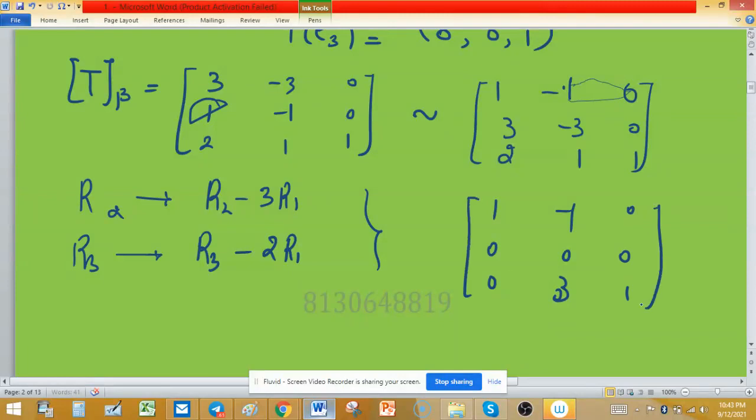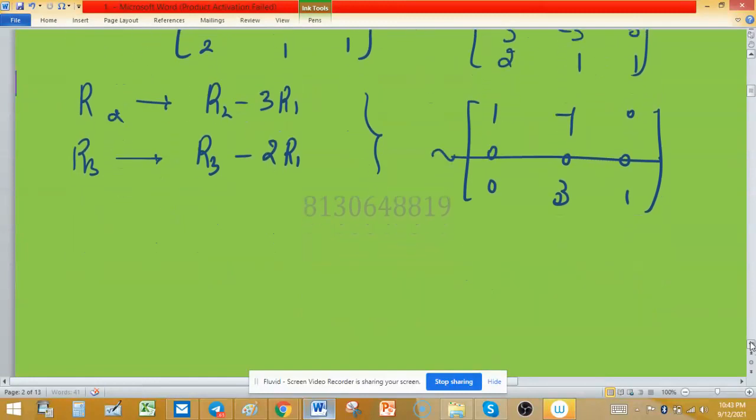So this is the equivalent matrix, and this row is a zero row, so I can delete it, and we have only two non-zero rows. Rank is the number of non-zero rows in the matrix representation. So the rank of this linear transformation is 2, and using the rank-nullity theorem, the nullity is 1. The rank-nullity theorem says rank plus nullity is equal to the number of variables.